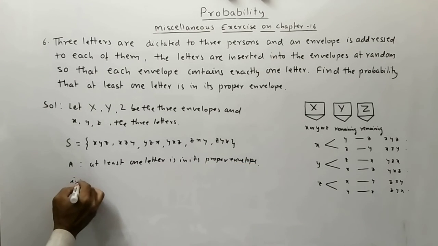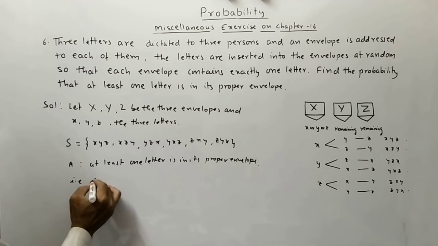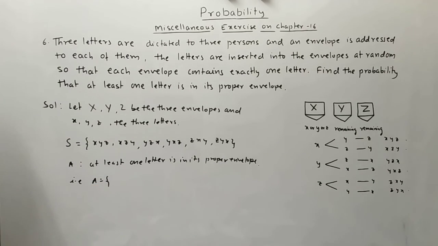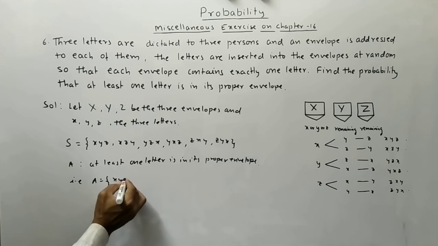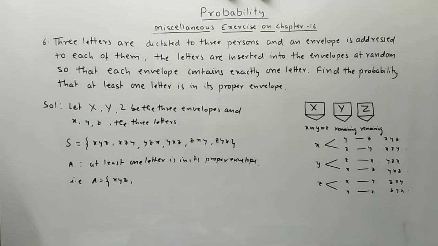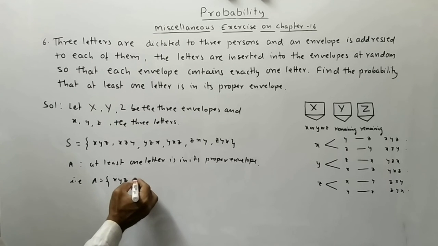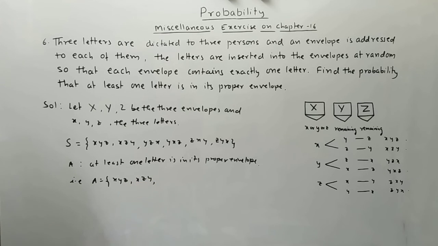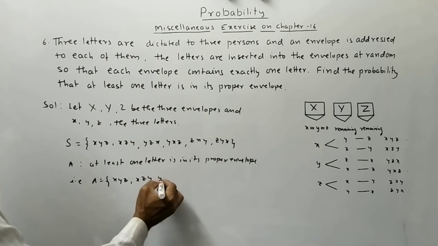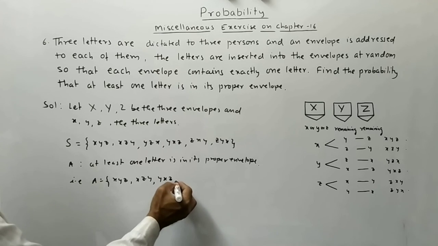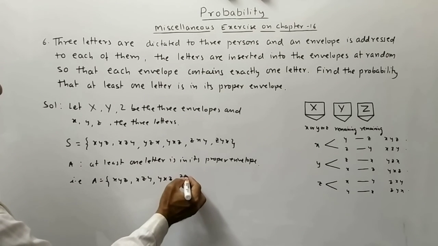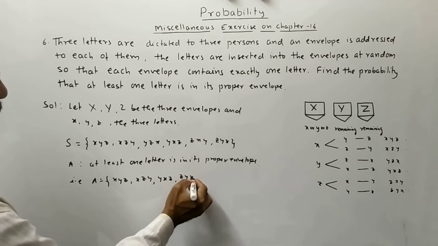That is, elements of set A are xyz, xzy, yxz, and zyx.